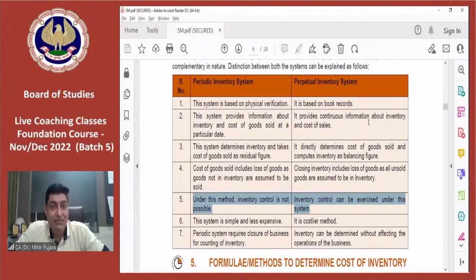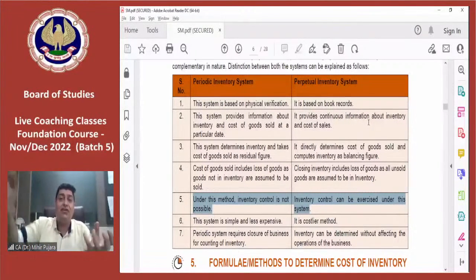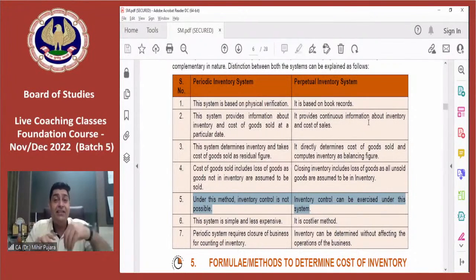Now you compare your book stock with the physical stock, and if a difference is there, it is a shortage, an abnormal loss, a theft, a malpractice, and you will have control over that because you have book records. So you can now easily understand that in periodic such control is not possible, and in perpetual such control is possible.